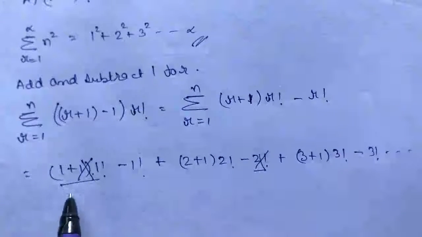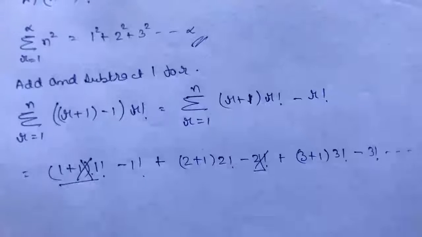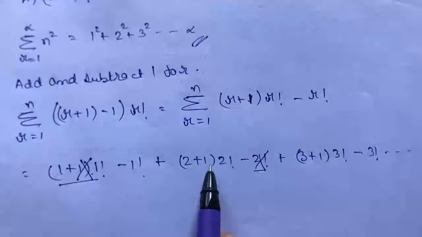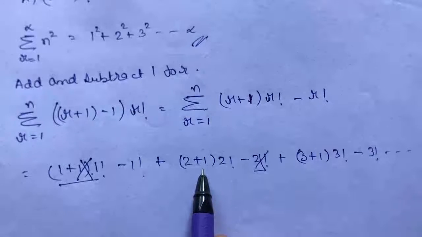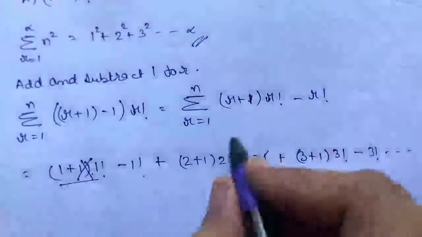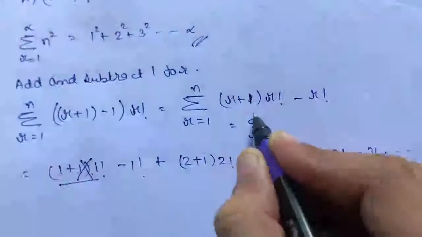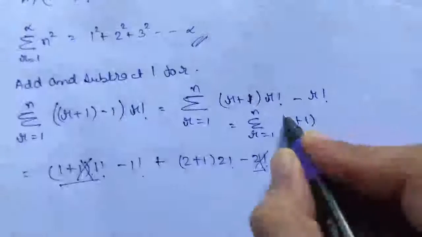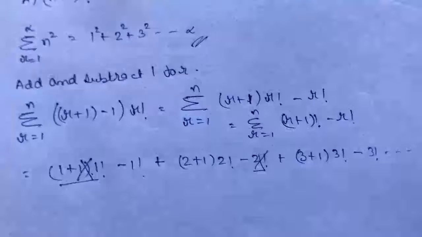Now (r plus 1) into r factorial is further written as summation r is equal to 1 to n of (r plus 1) factorial minus r factorial.